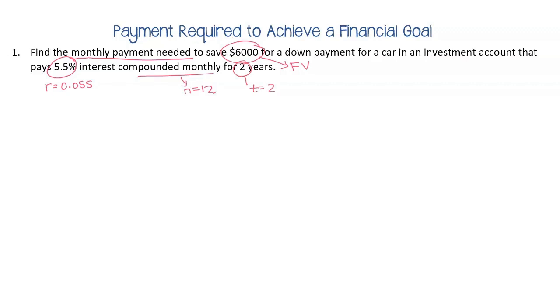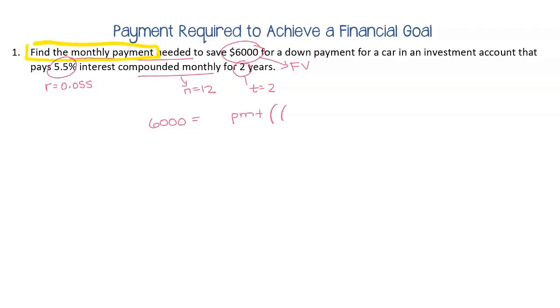Now, if I use the savings plan formula, I have the FV. So this will be 6,000 equals the payment. And the payment is what I'm solving for because this says find the monthly payment.